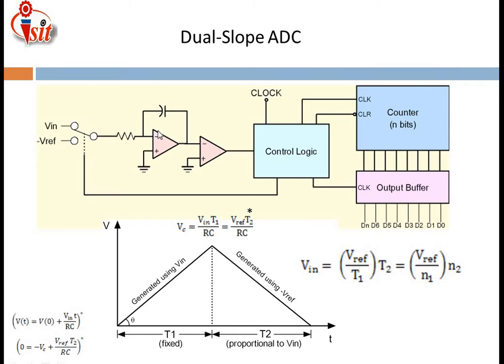Then this is again a structure related to an integrator, and the output generated by that integrator is applied to an op amp at the inverting terminal. That inverting terminal will invert the output, that means a 180-degree phase shifted output is generated by this op amp and applied to the control logic unit along with the clock pulses. The control logic unit along with the clock pulses will convert that signal.